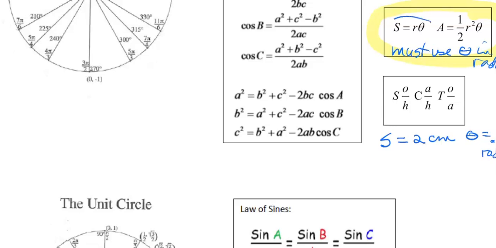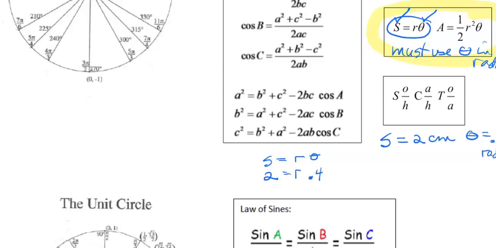Okay, I'm going to use this first formula because I have the arc length and I have the theta, so I can easily solve for the radius. So to do the first part of the problem, I'm going to say S equals r times theta, and my S is 2, my theta is 0.4, and r is what I'm solving for.